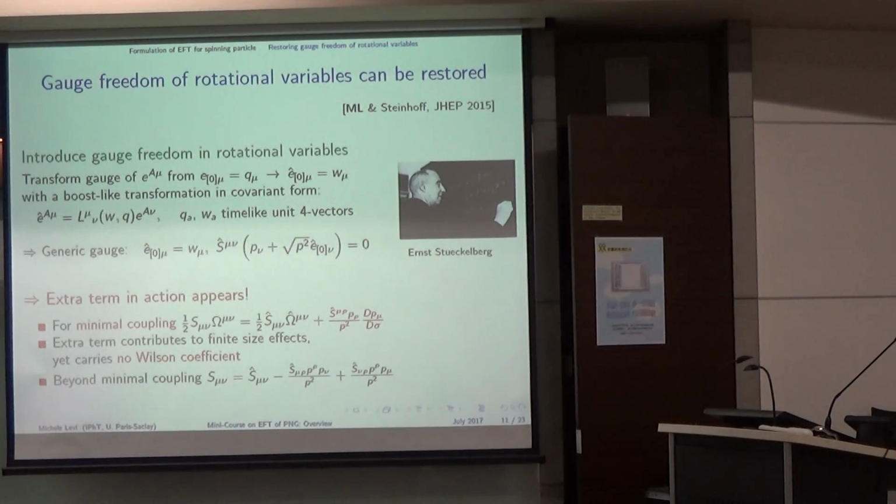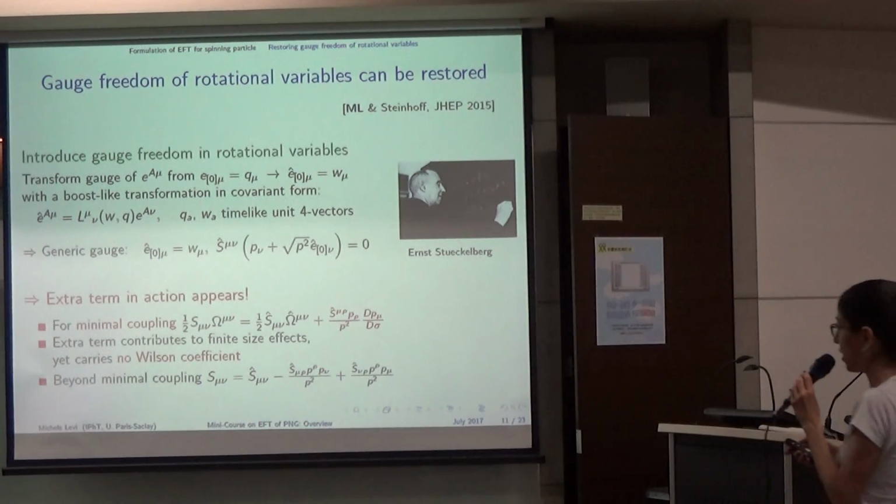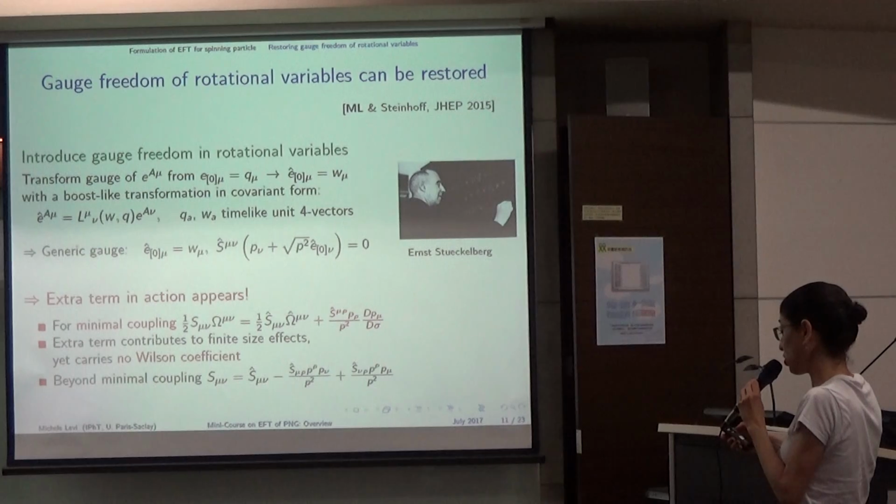Therefore, you have this correction that contributes to finite size effects. Then on all the terms which appear beyond minimal coupling, we switch from the spin variable in the covariant gauge to the generic spin variable. That will be our way to change the action in general.